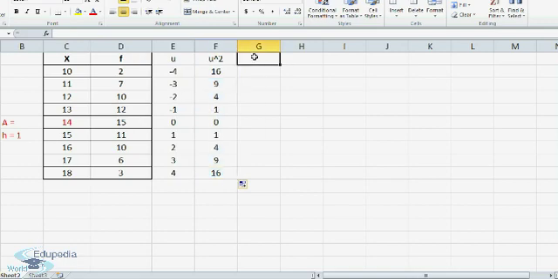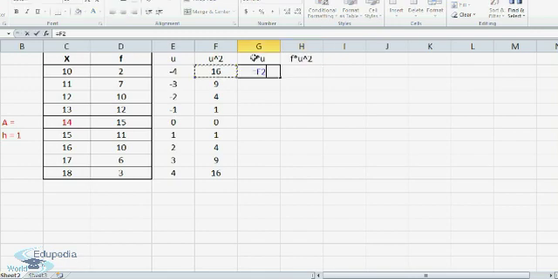Next, if you recall the formula, it is summation fi ui square by n minus summation fi ui by n the whole square. So I need to find the product of f and u as well as f and u square. So let's do that here. It's f multiplied by u and f multiplied by u square.